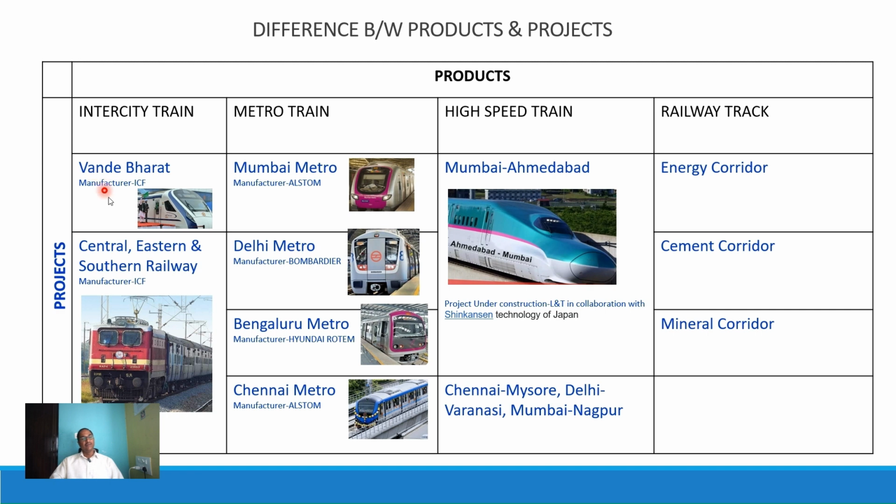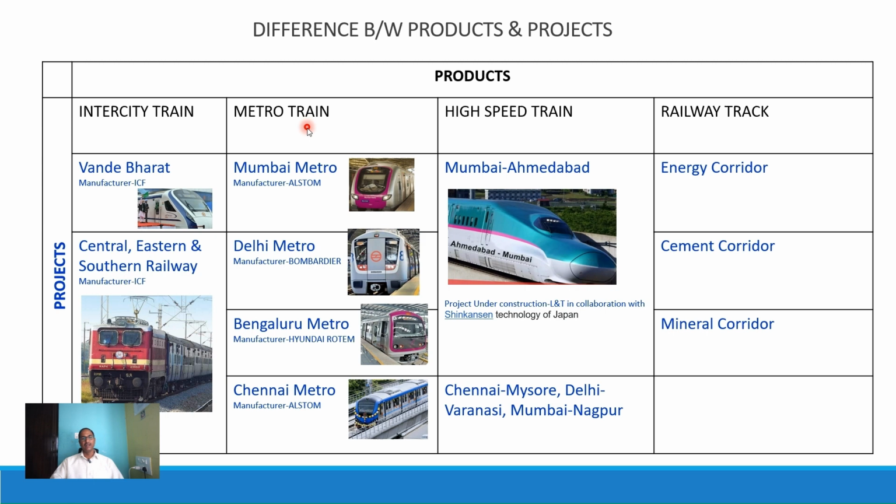Okay. Now, the first project that we see here is Vande Bharat, which got finished a few months ago. And for other cities, it is still going on. Okay. The next set of projects which got completed previously are the Central Eastern and the Southern Railway. Here, for these two projects, the main manufacturer is ICF.